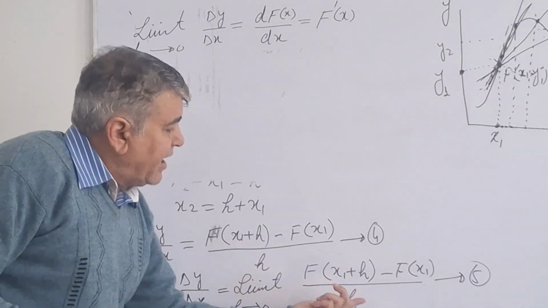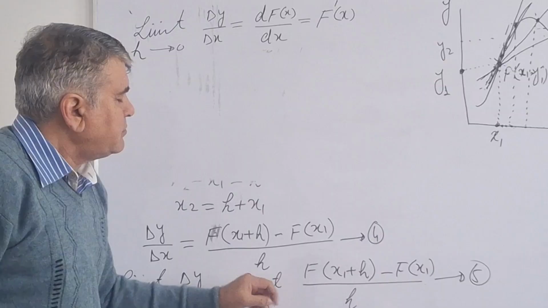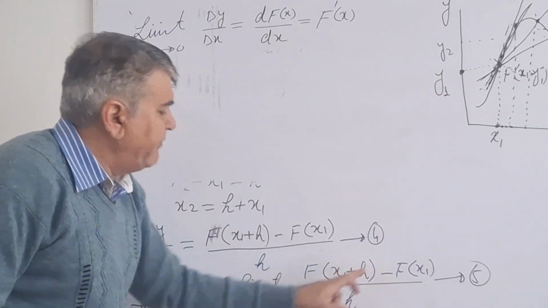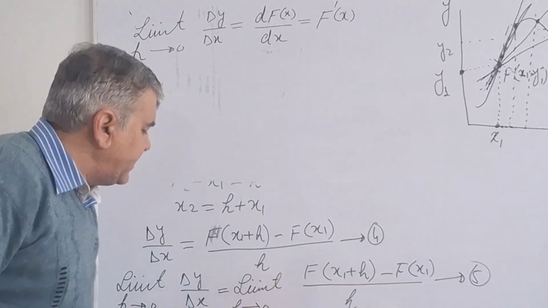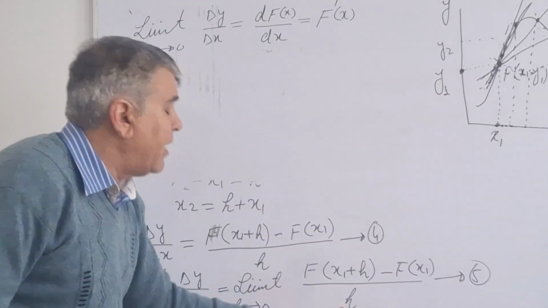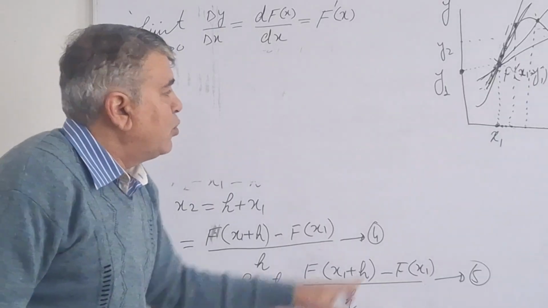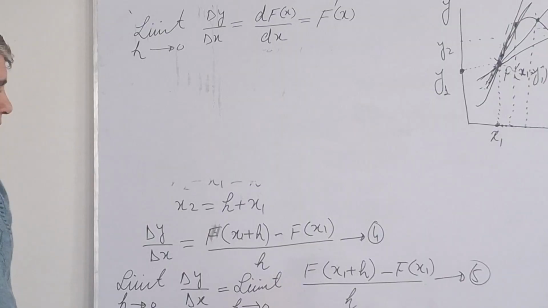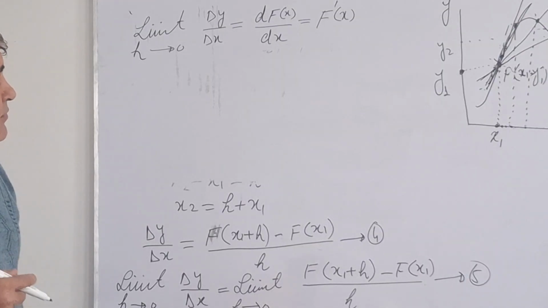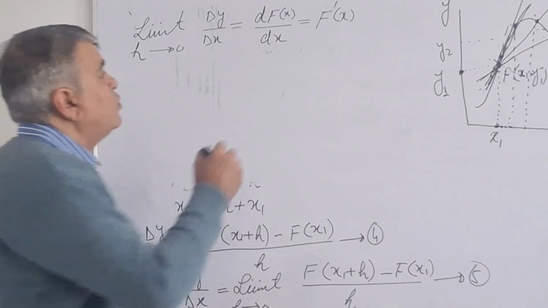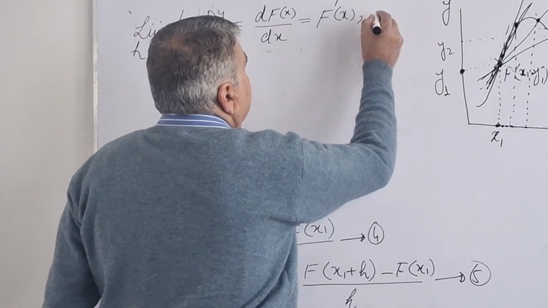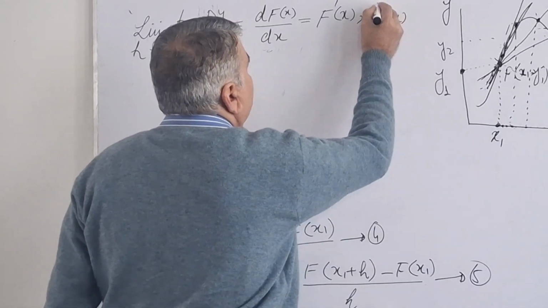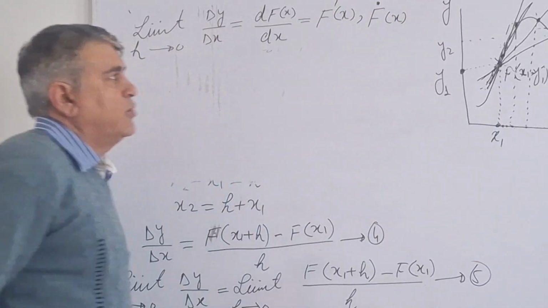And if I want to define this in words, the derivative of a function is the change in the value of the function with respect to an infinitesimal change in the values of the independent variable x, which I am writing here in terms of h. One more thing, when the derivative of a function is taken with respect to time, then a common notation for that is f of x, and instead of a prime, we put a dot over it.